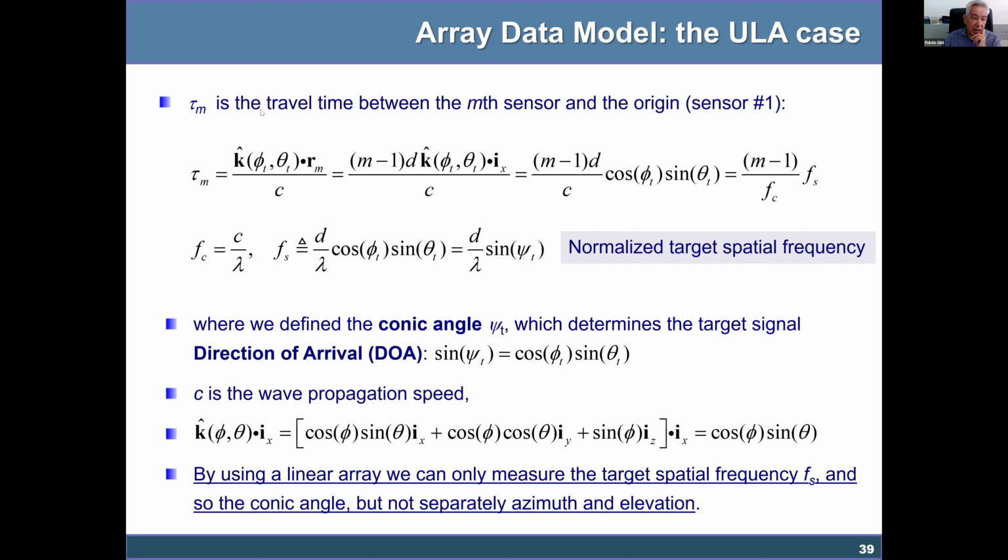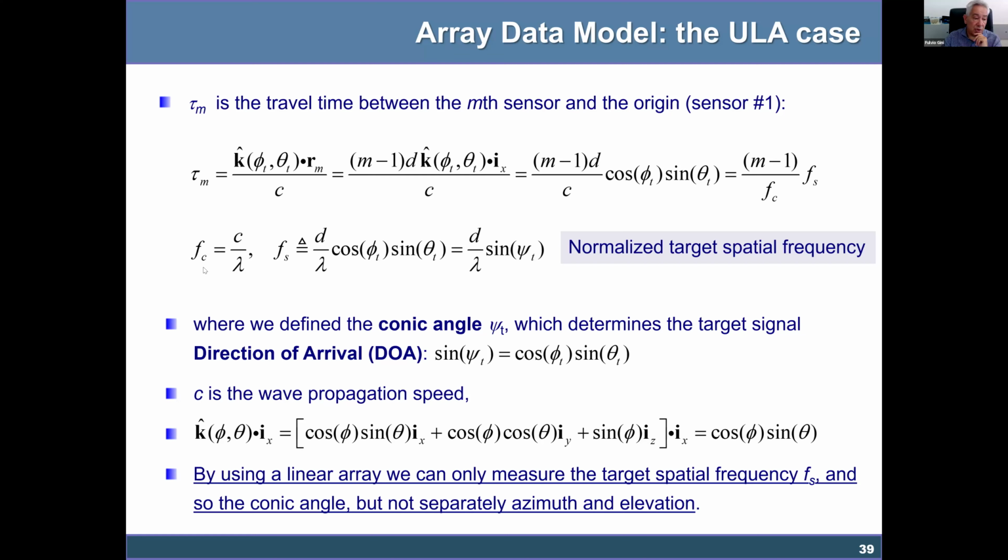So for a Euler array, this is the relationship between the direction of arrival and the delay. If the geometry is different, if it's not Euler, R_m will have a different expression, and when you calculate the inner product, you will get a different relationship. If the array is Euler, this is the expression of R_m, and this is the relationship we were looking for.